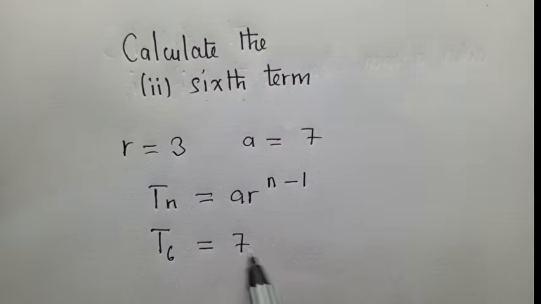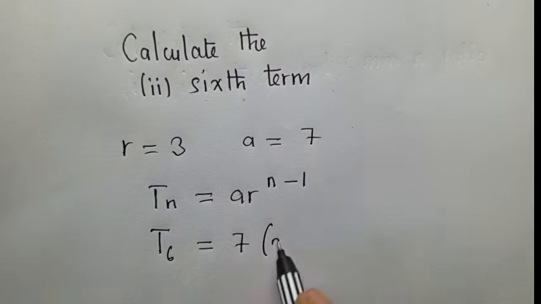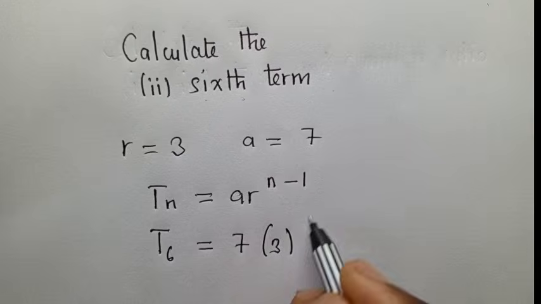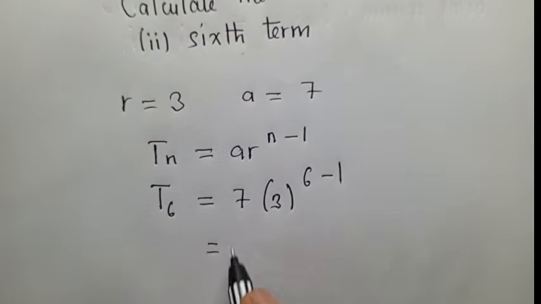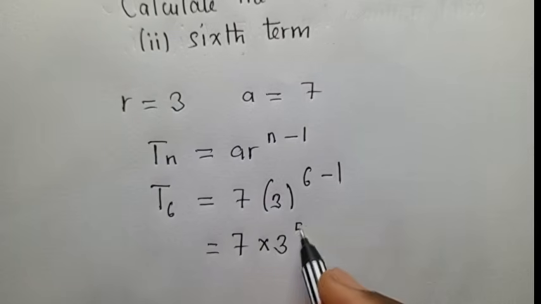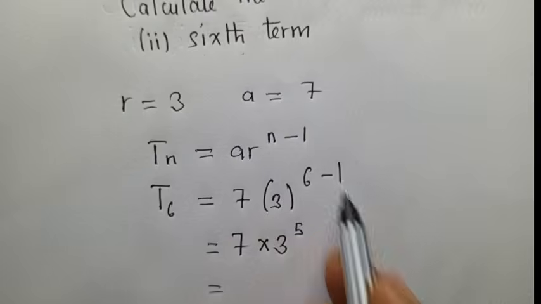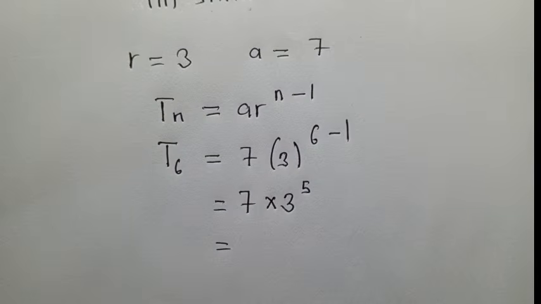Our A is 7, our R is 3, and our n is 6 minus 1. So it will be 7 times 3 power 5, because 6 minus 1 is 5.